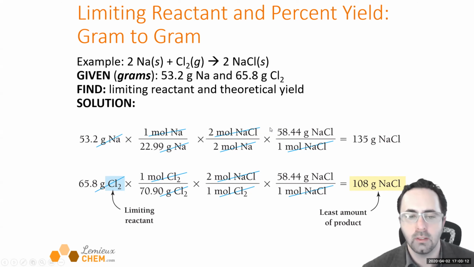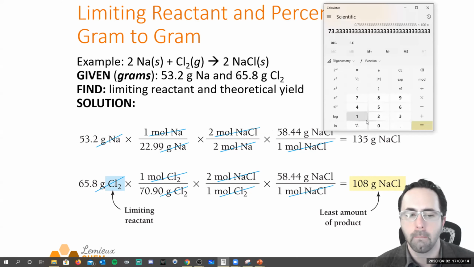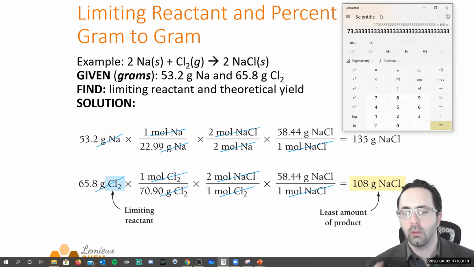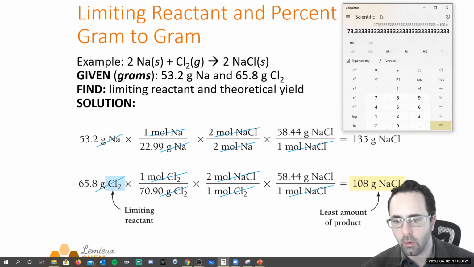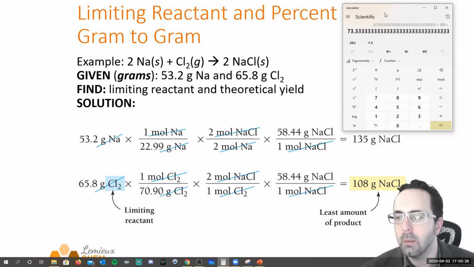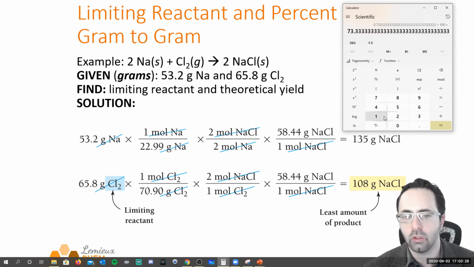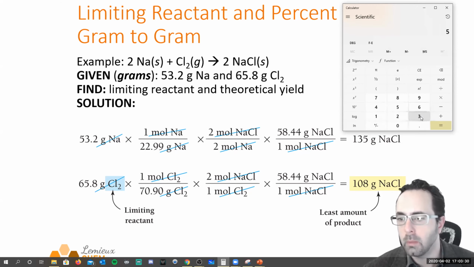And now we can go ahead and punch this in. Remember, when you punch these in, whatever's on the top, press times before you put it in. Whatever's on the bottom, press divide. It doesn't even matter which order you go in. I'll show you. We start with the beginning number, 53.2. Then times 58.44.